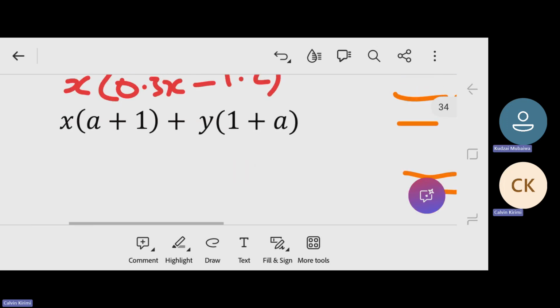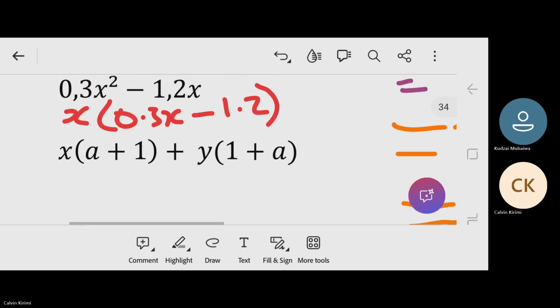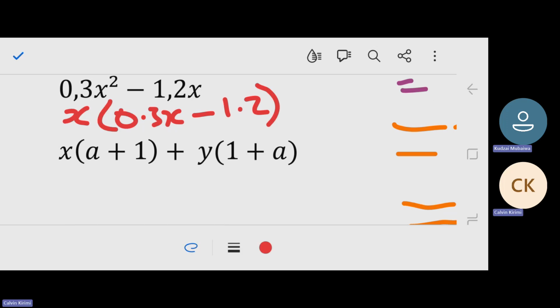We say 0.3x bracket x, and then how many times does 0.3 get into 1.2? 4 times.